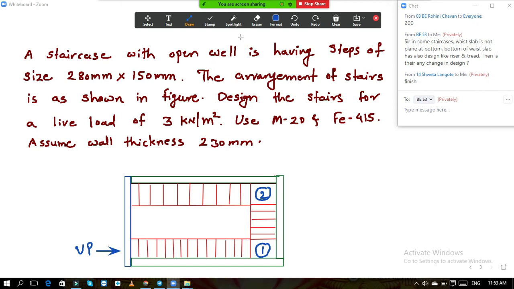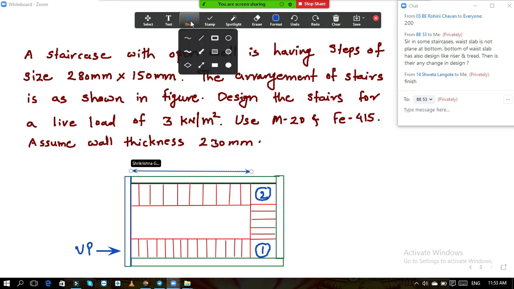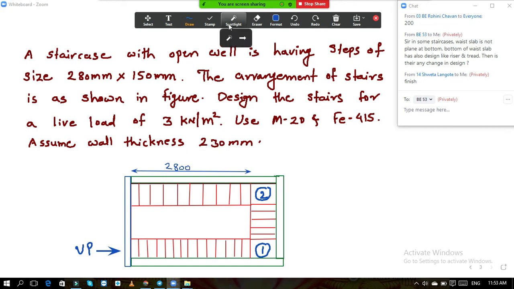So this is 2800 up to this point. So here this distance given to you is 2800. After that the landing is 1400.